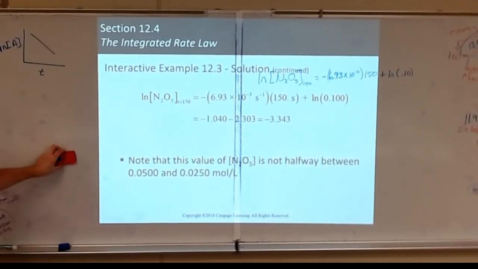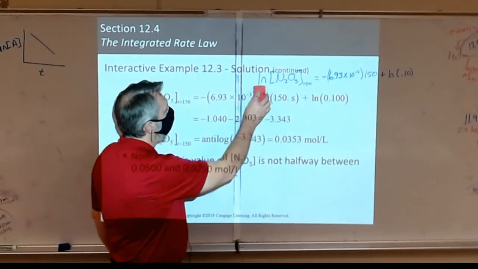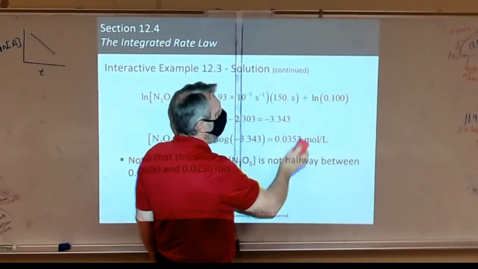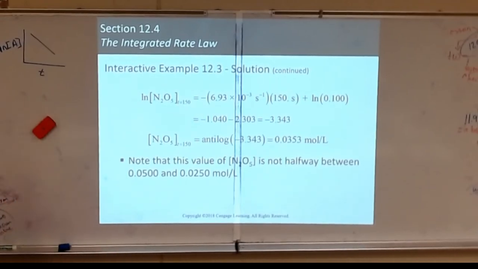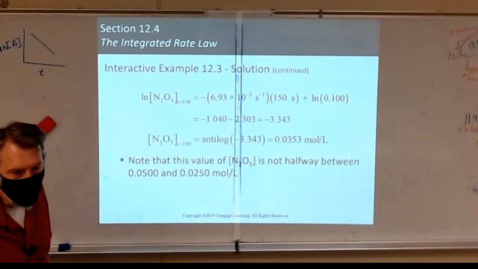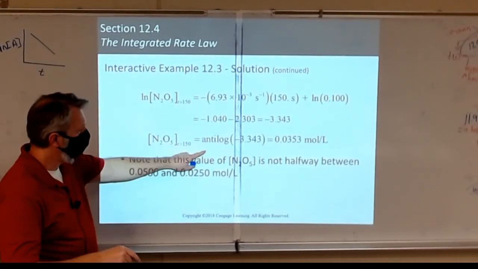So, all these things cancel out. Take the anti-log. Hopefully everybody got that right. You know how to use your calculator, the little shift to ln or e to the power of. Okay. The logarithm and anti-log. But how do you get the anti-log of a number?